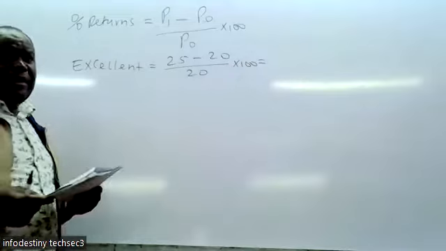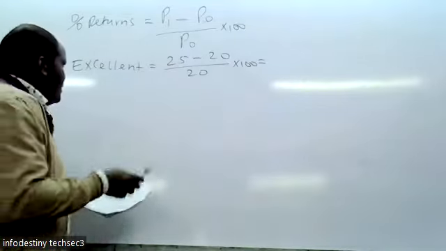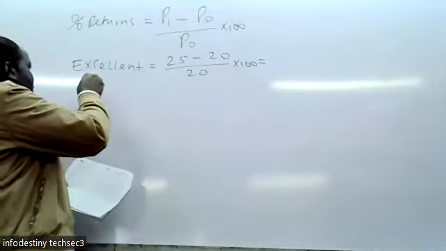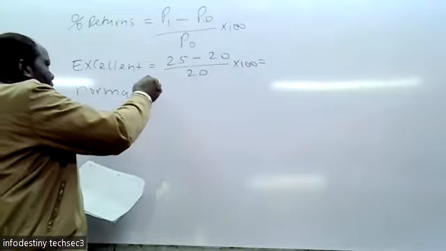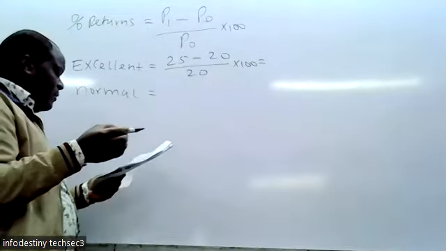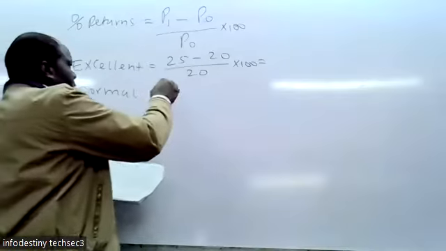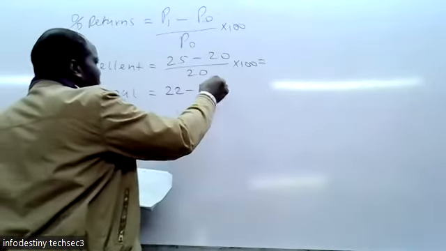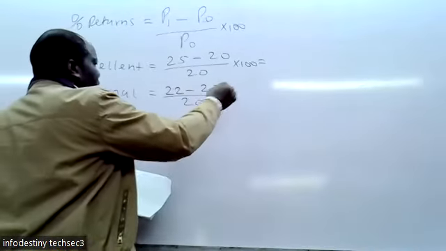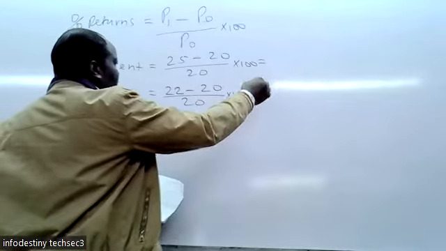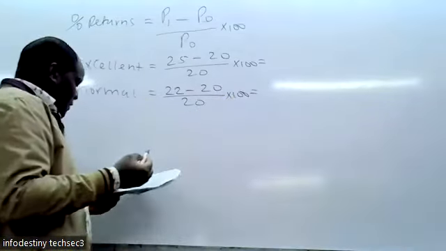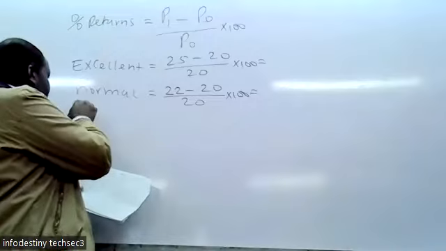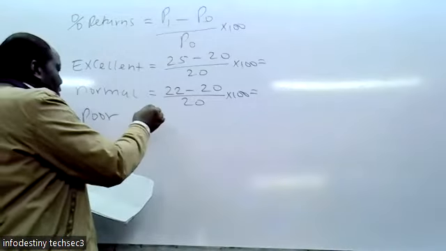That's now for excellent. Then there is also the one for normal. Normal, you take 22. P0 is still the same. You also divide by 20, get the value for that. The next one is poor.